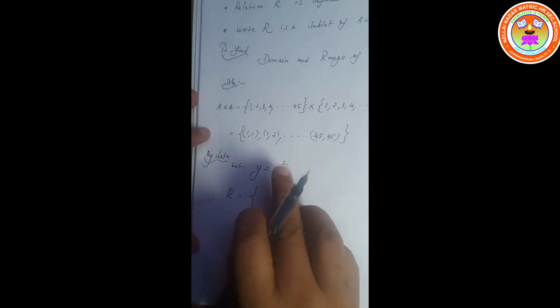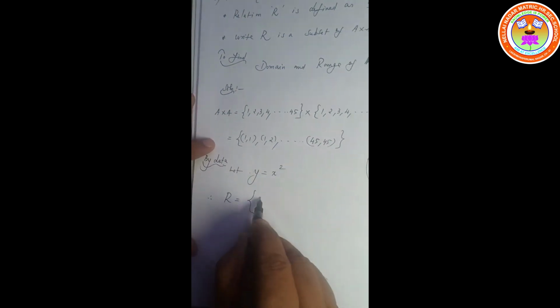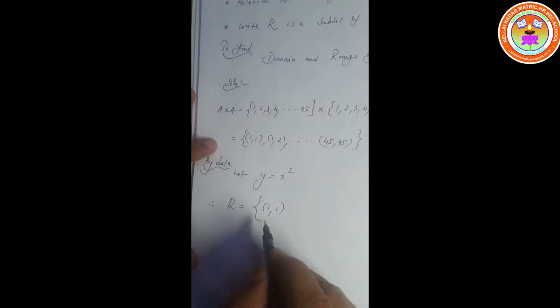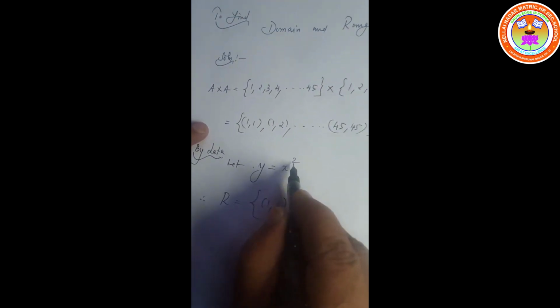Therefore, how to write R according to this condition? I am going to replace x by 1. 1 squared is equal to 1, that is the value of y. So (1, 1) is over. Now I replace x by 2: 2 squared is 4.